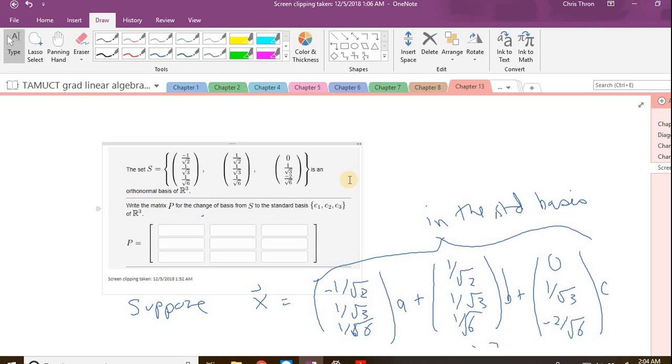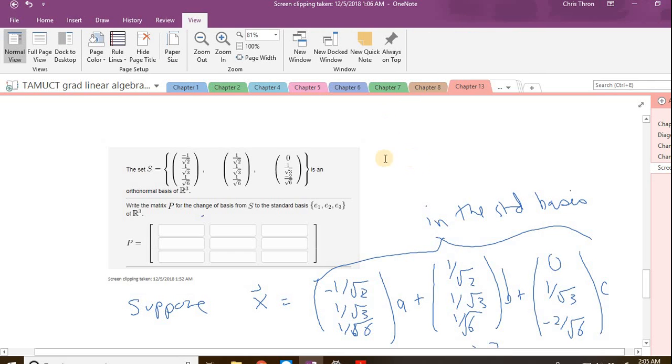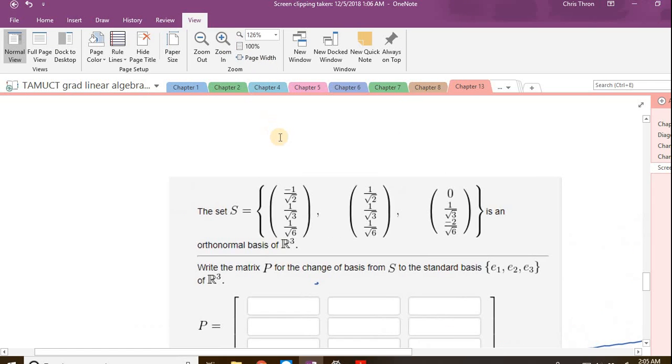And in fact, it's not too difficult to show, because it follows from the fact that the vectors are orthonormal. Maybe you can even see that if you take this first column vector. Let me zoom in. Now suppose I take this vector and take the inner product with itself. What's the answer going to be?